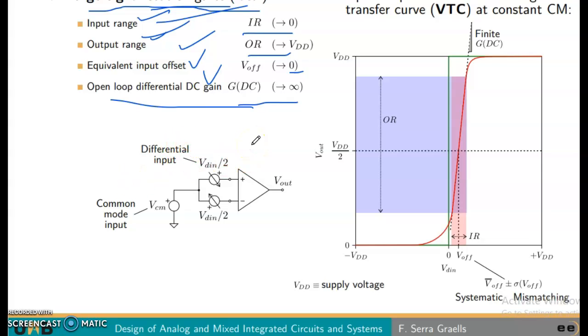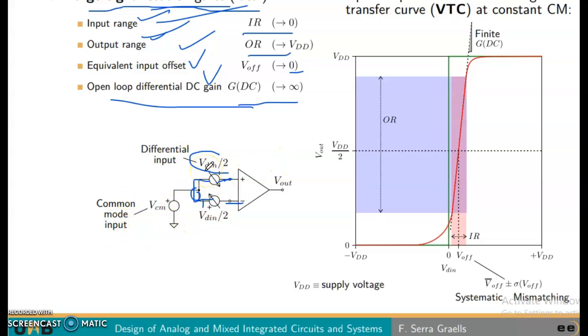Here the differential input is VDN divided by 2 at the positive input of this operational amplifier, and at the negative input VDN divided by 2; both are connected in parallel. Here VCM is connected in parallel to both inputs, the common mode input.